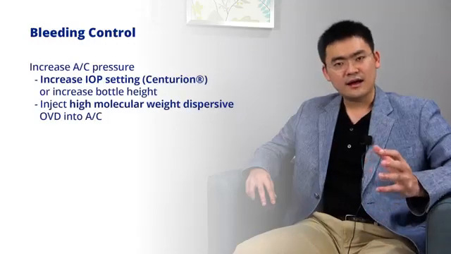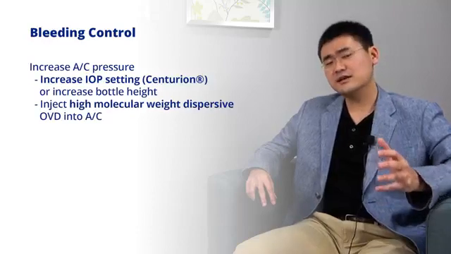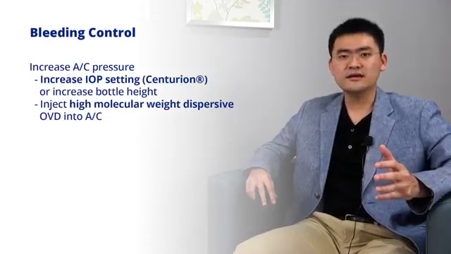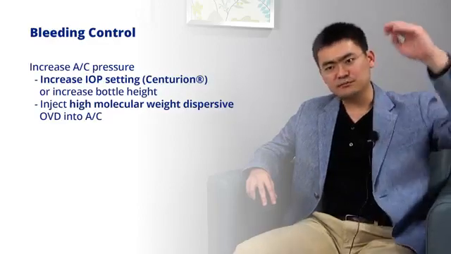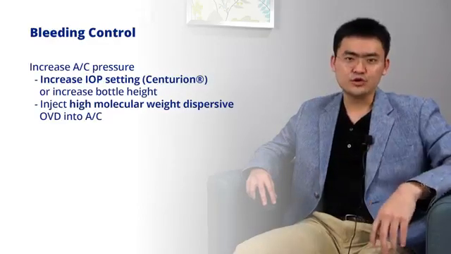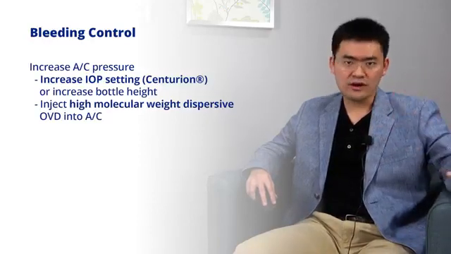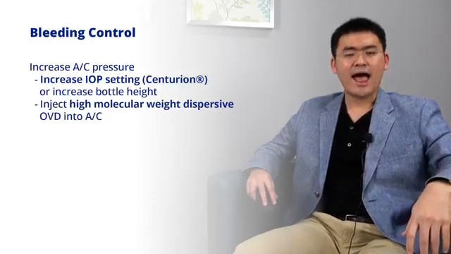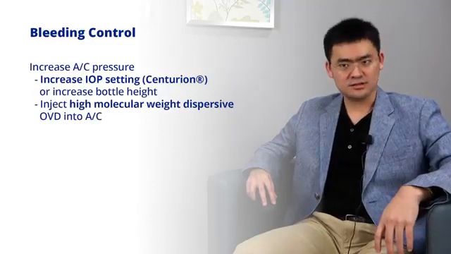Increase the AC pressure, the anterior chamber pressure. You can increase the IOP using your phaco machine, like increasing the bottle height, or in the Centurion, you can just easily go up with the IOP to whatever you design. OVD choice is also important.